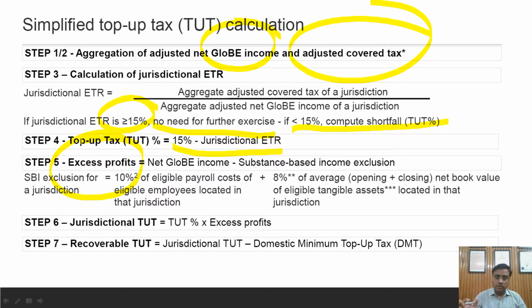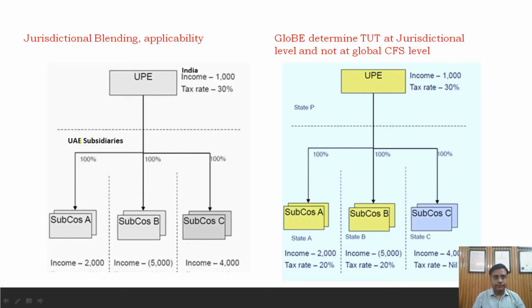Suppose domestic minimum top up tax is levied in Dubai as well, then top up tax recovery will be reduced further. So we need to test on a jurisdictional blending basis also. In my example, we have 3 subsidiaries in Dubai, Singapore.